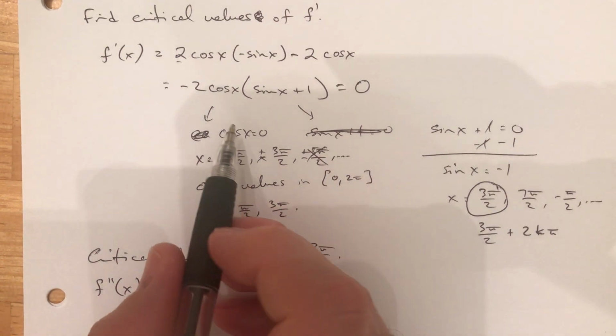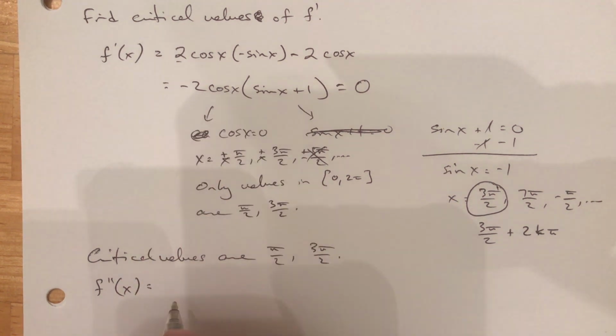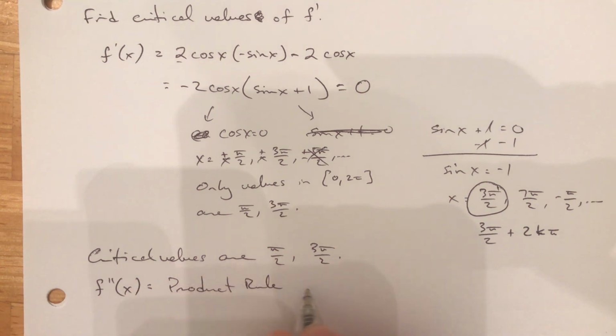If f prime of x is negative 2 cosine x times sine x plus 1, we'll use the product rule, where u is that negative 2 cosine of x and v is sine of x plus 1.